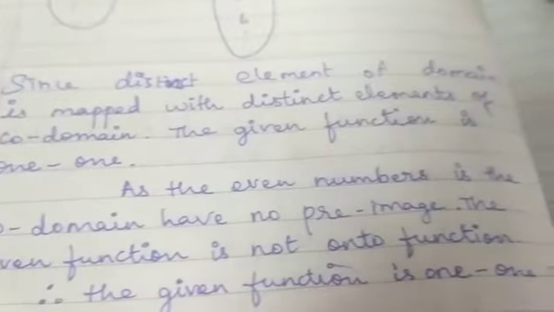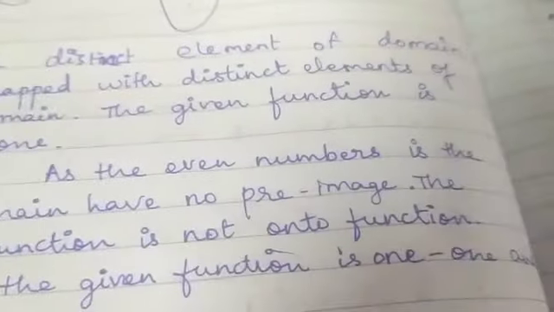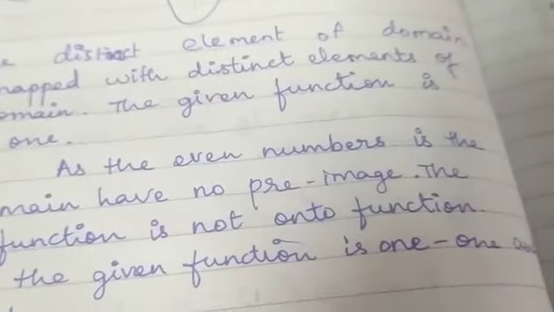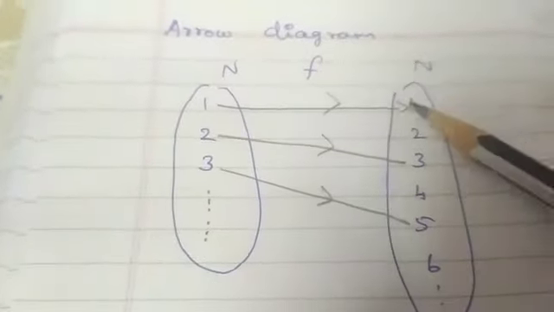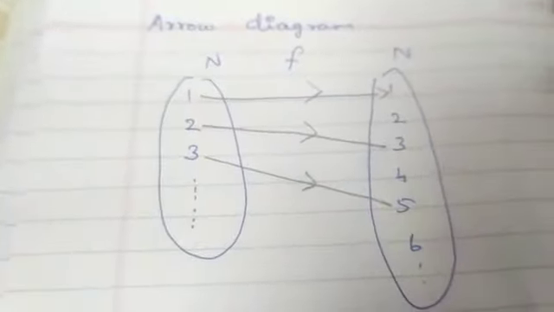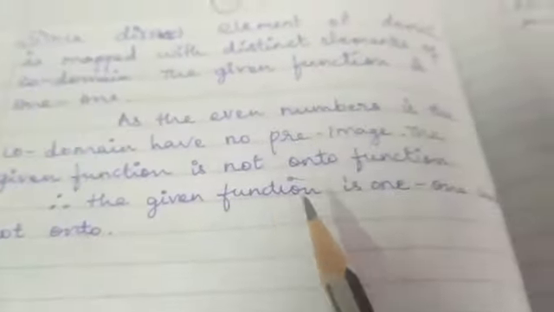As the even numbers in the codomain have no pre-image, the given function is not an onto function. That is, you can see that 1, 2 and 3 are only related with 1, 3 and 5, but 2, 4 and 6 are left free. That is, the even numbers all in this set will be left free. So it will not be considered as an onto function. Therefore, the given function is one-one and not onto function.